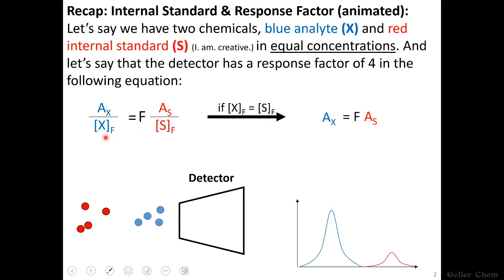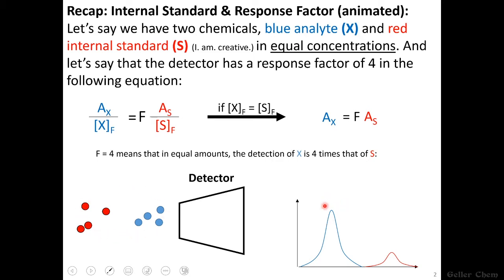So what does this mean? Well, knowing that these two concentrations are equal, we can cancel them out and be left with just this equation. And what F is telling us is that in equal amounts, the detection of X is 4 times that of S. That agrees with the math in this equation. Think about it. We know that we have equal concentrations of our two species.